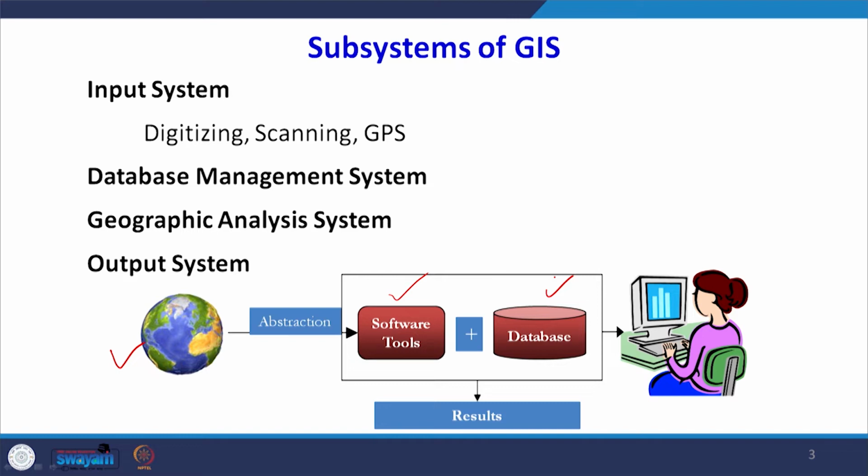So your entire data, the spatial data and the attribute data, will go into the database, and the software tool will be used to carry out the analysis. So here manual intervention is required, where the software is to be directed to function according to the given knowledge, according to the given rules, and then create some output system which can be implemented on the real world itself. So from where we started, we closed at the same point.